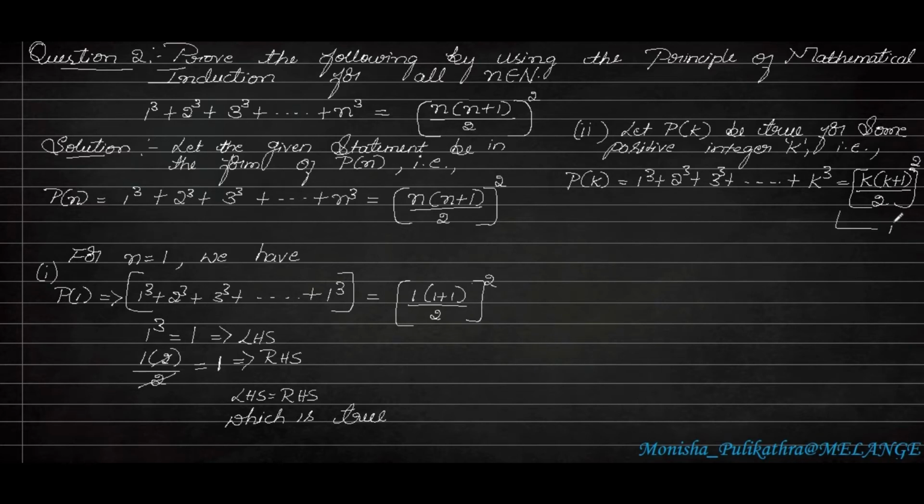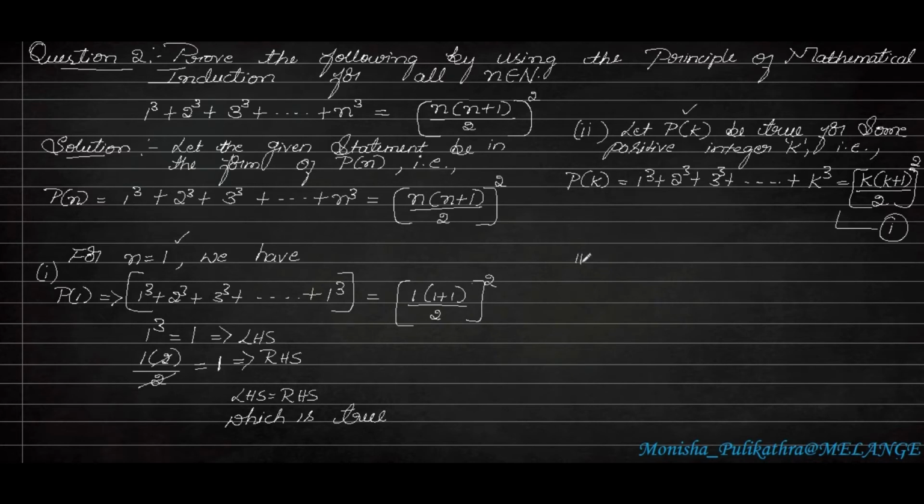Let this be equation number 1, that is 1 cube plus 2 cube plus 3 cube up to k cube is equal to (k into k plus 1, divided by 2) whole square. So this is equation number 1. The first step is over, where we substituted n is equal to 1. The second step is over, where n is equal to k.